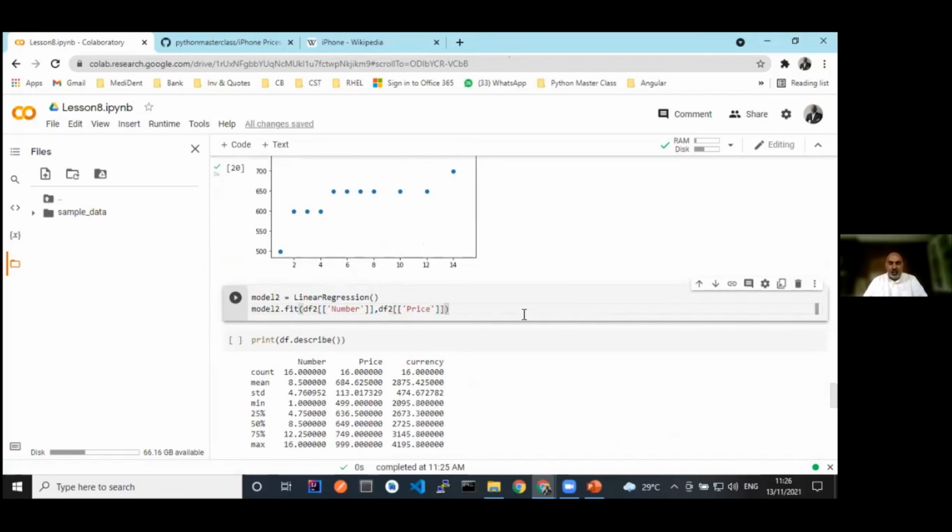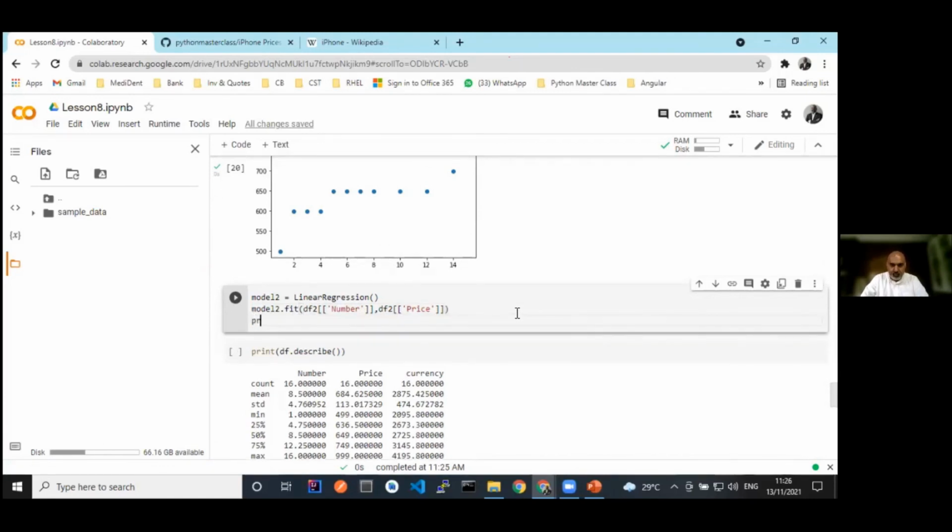Then we want to create predict 2, which is model 2.predict. What do we want to give it? We want to give it df2, again the number. So we have predict and model.